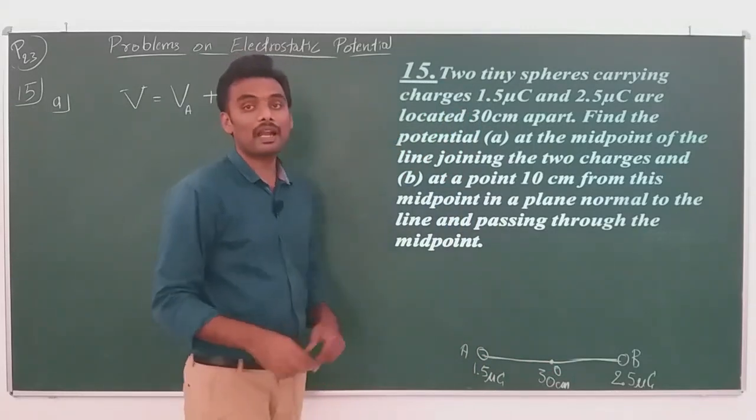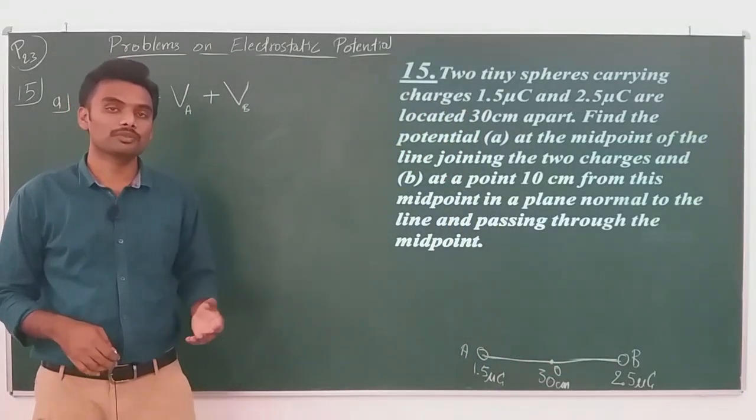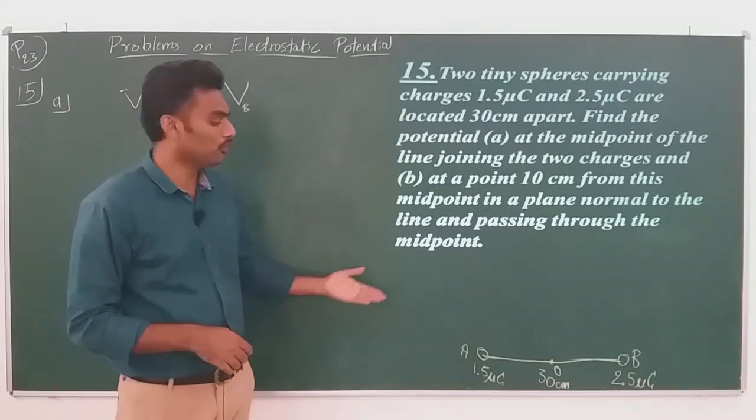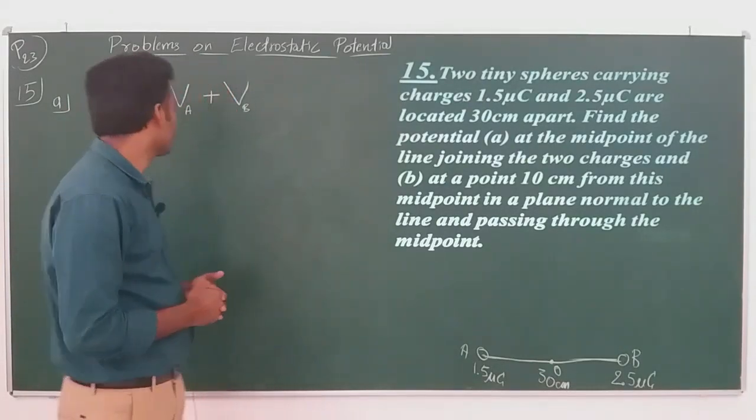Both of them will add up to give the net potential. Why do they add up? They are positive charges on both the spheres, so they will add up.